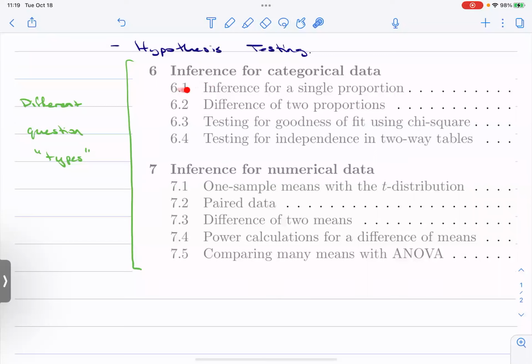But basically chapter 5 is all of 6.1, just really, really slow. And then we start with a single proportion, and in terms of what would that look like, right? A proportion, well, that could be what proportion of voters are going to vote for whatever candidate, right?